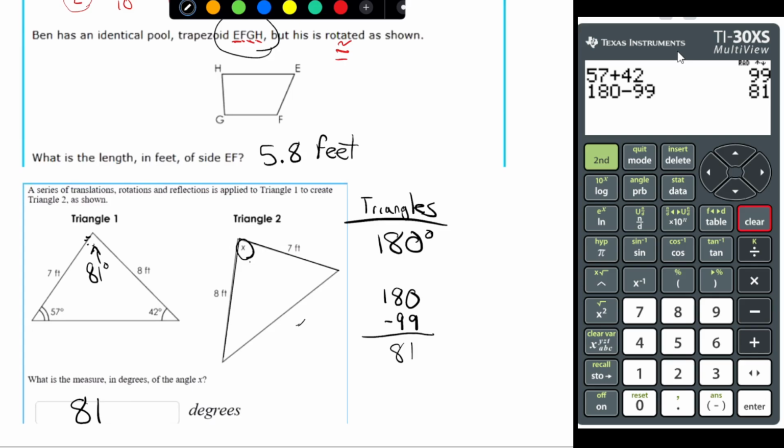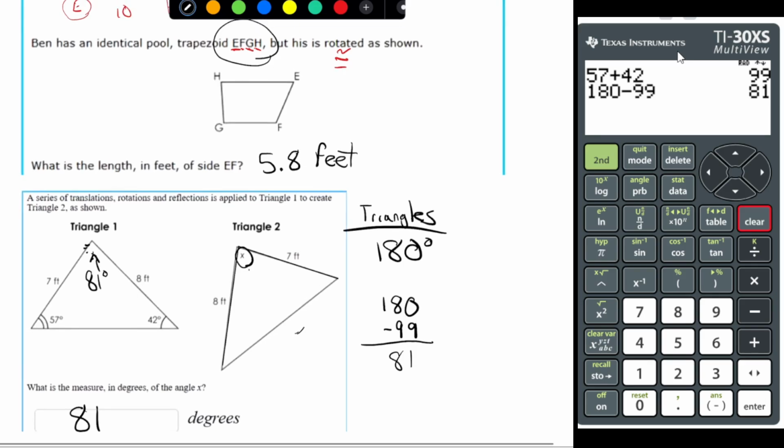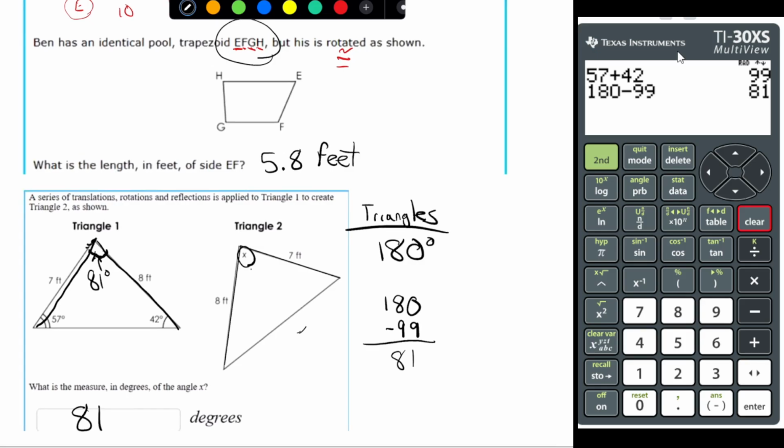It's where the 7-foot side and the 8-foot side meet, at the angle we found to be 81 degrees. Therefore, it is 81.